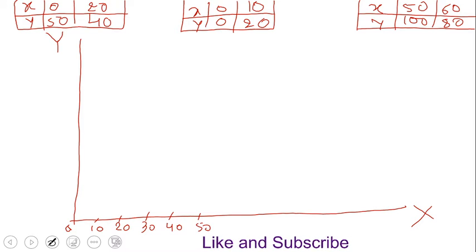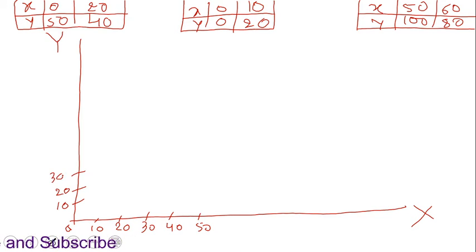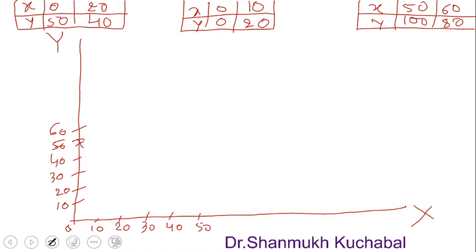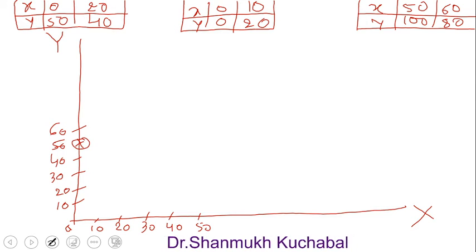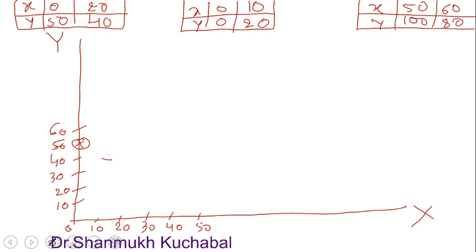On the other axis we get 10, 20, 30, 40, 50, 60 values. So first value x equal to 0, y equal to 50 is here, and x equal to 20, y equal to 40.